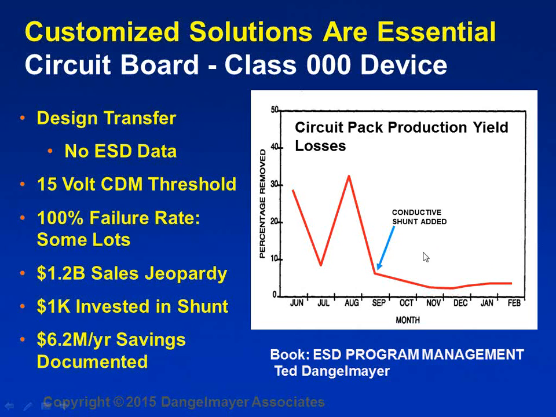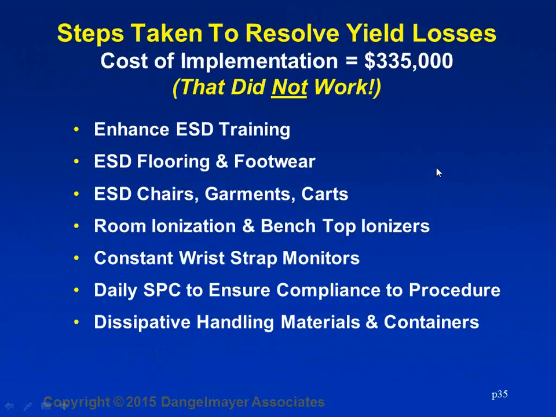We developed, and I'll show you shortly what it is, a custom shunt that was placed on the device and protected it temporarily through most of the manufacturing operation. Prior to that remedy, we tried everything. We had all of the standard controls in place, and it wasn't sufficient.